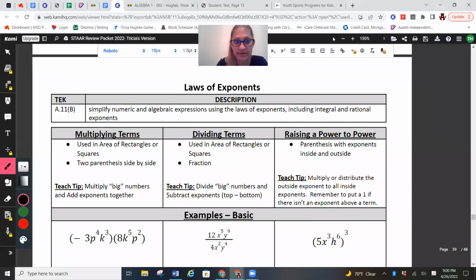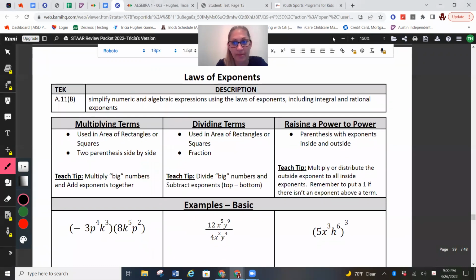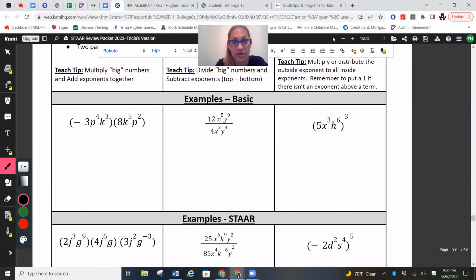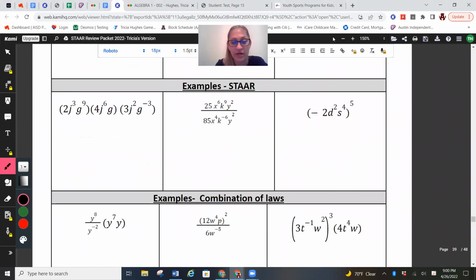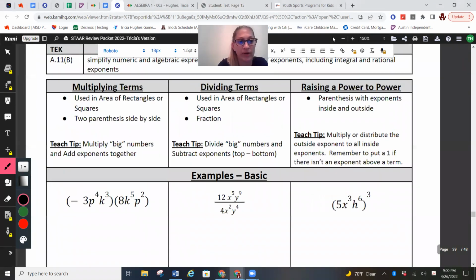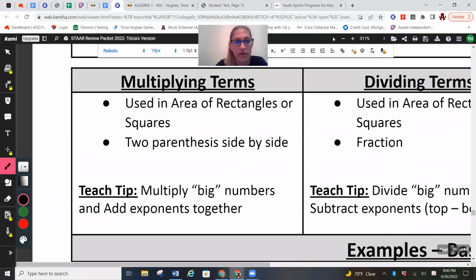Back to the lesson. So I'm going to go over the most basic examples, the STAAR examples, and then combinations of different rules. So here's what we need to remember when it comes to multiplying. They will ask you to multiply when it's talking about area, length times width of rectangle or square.